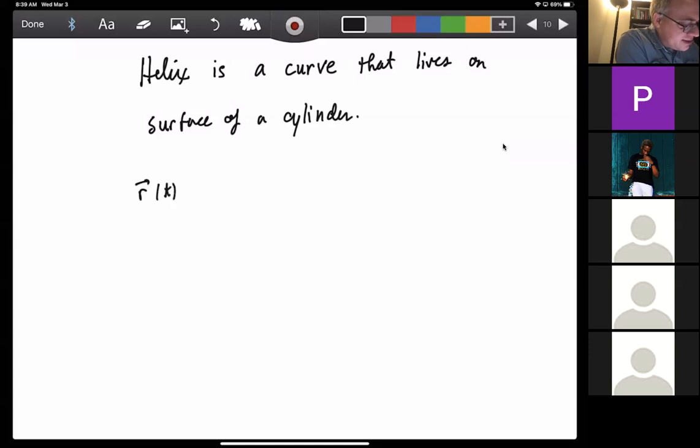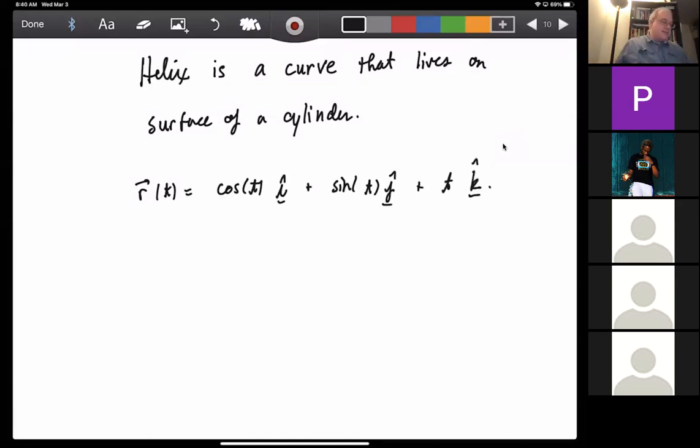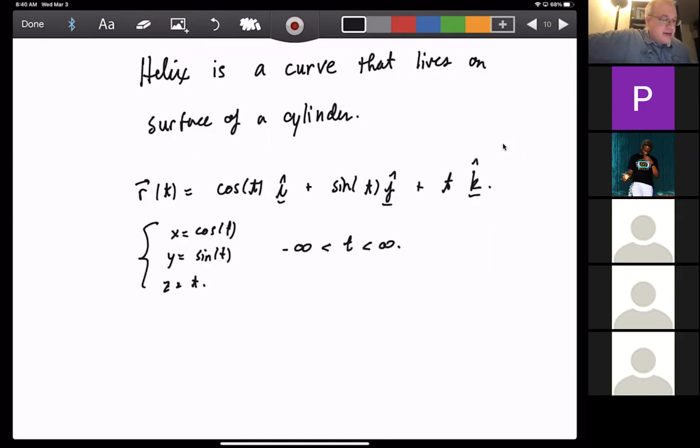So here is an example of a helix. Okay, so x is equal to cosine of t. y is equal to sine of t. z is equal to t. And I haven't specified a domain explicitly. I can evaluate each of these component functions for all values of t. So I should understand the domain to be all real t.